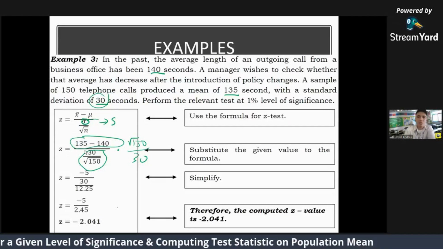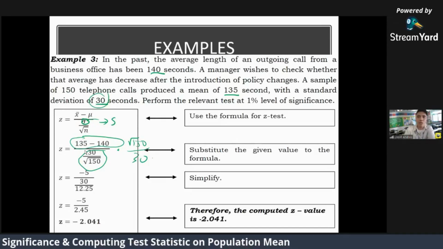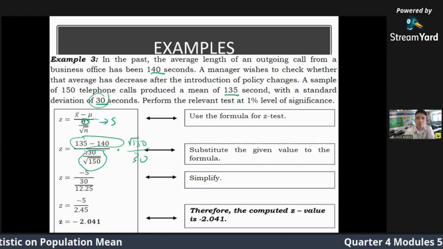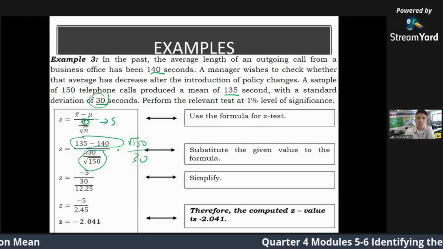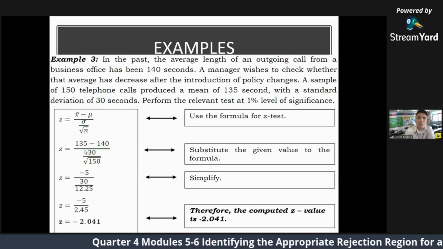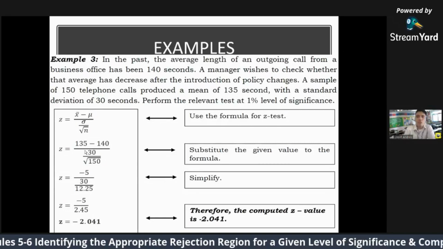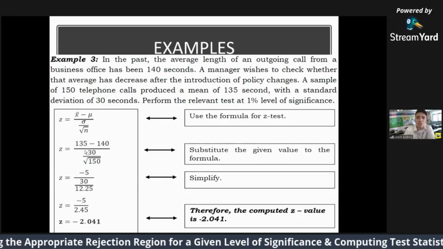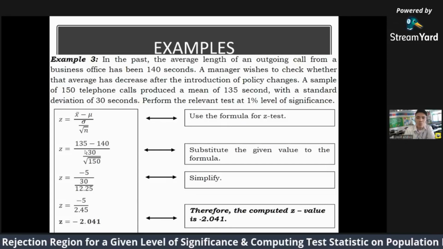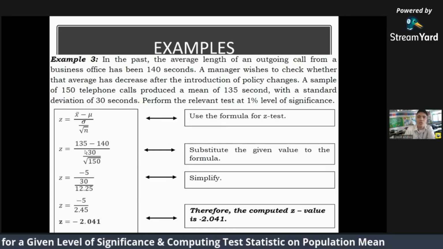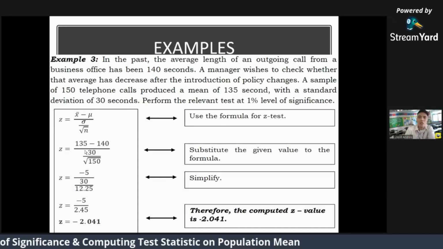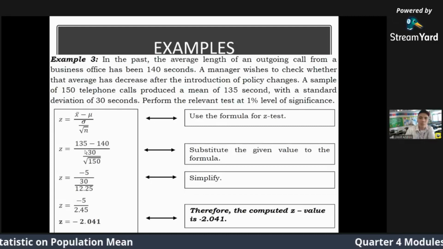That is an example where the central limit theorem was used. We had no population standard deviation, but since our sample size is greater than 30, we can still use the z-test, but the standard deviation you use is the sample standard deviation.